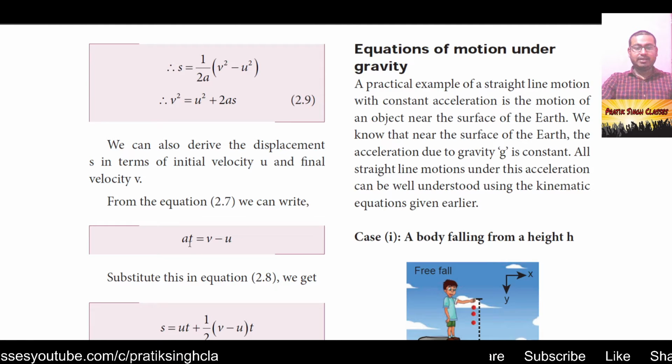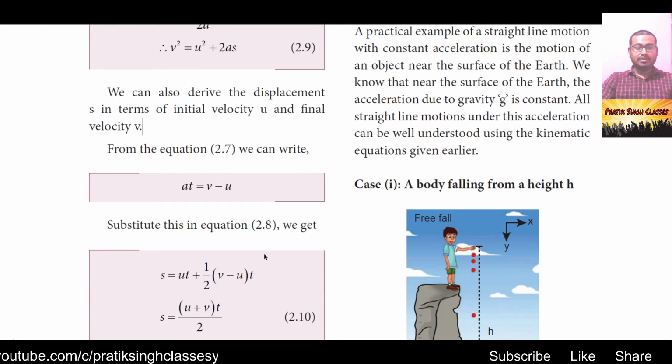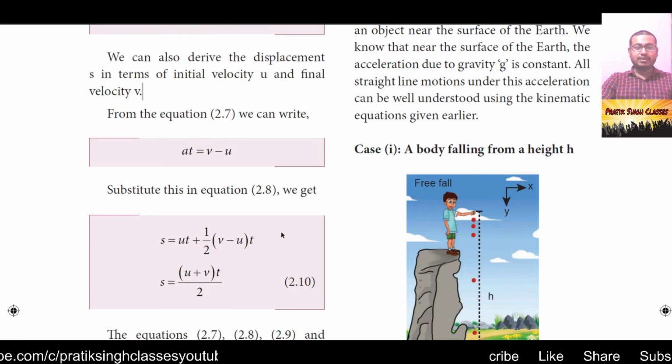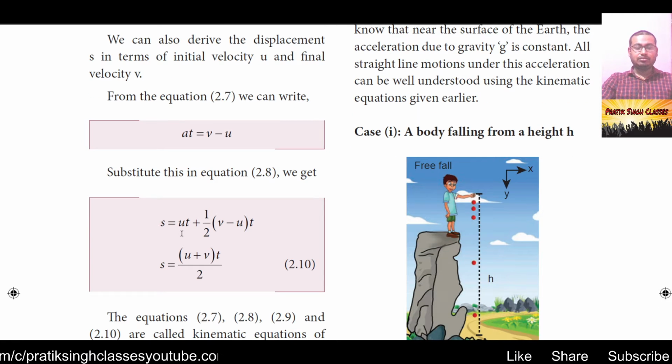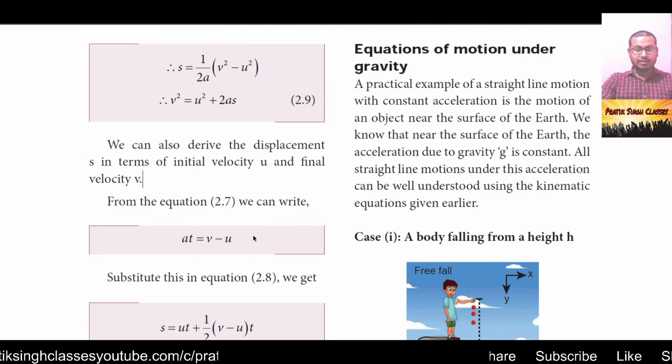So we will have at = v minus u. Substituting in equation 2.8, we will get s = ut + half into (v minus u) by t. Here the formula is s = ut + half at square.